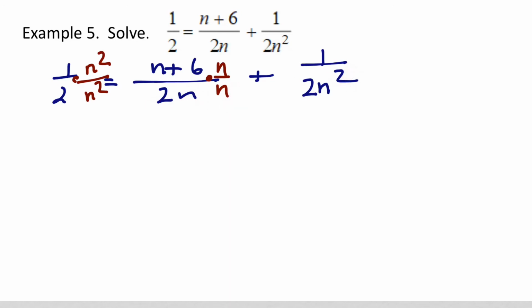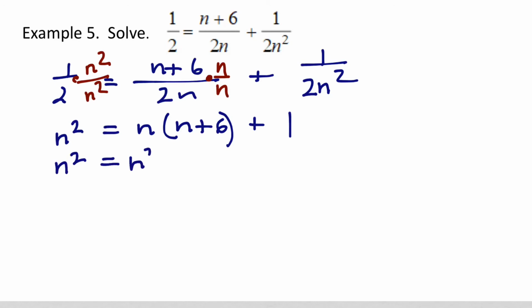I can go ahead and make my equation using the numerators. So on the left, 1n squared. So we got to distribute this n, 2n plus 6. This one is just 1. So this is n squared is equal to n squared plus 6n plus 1.